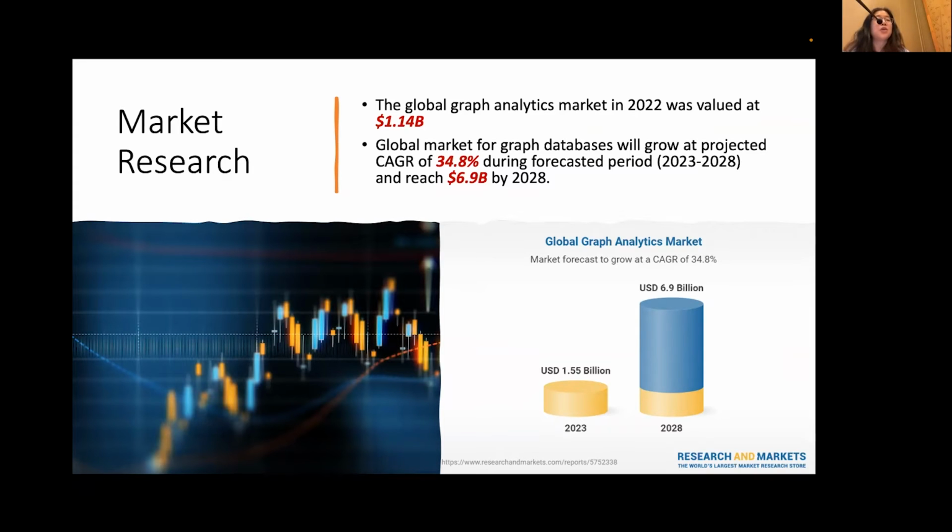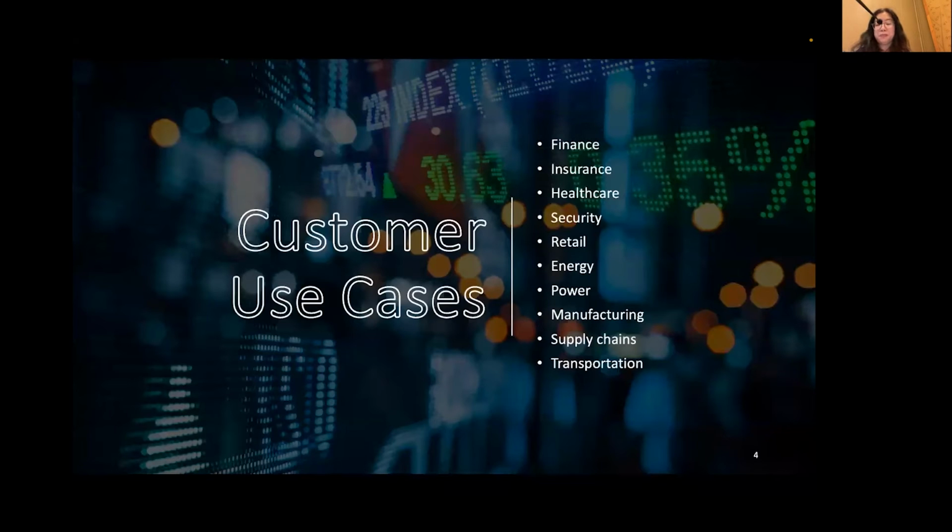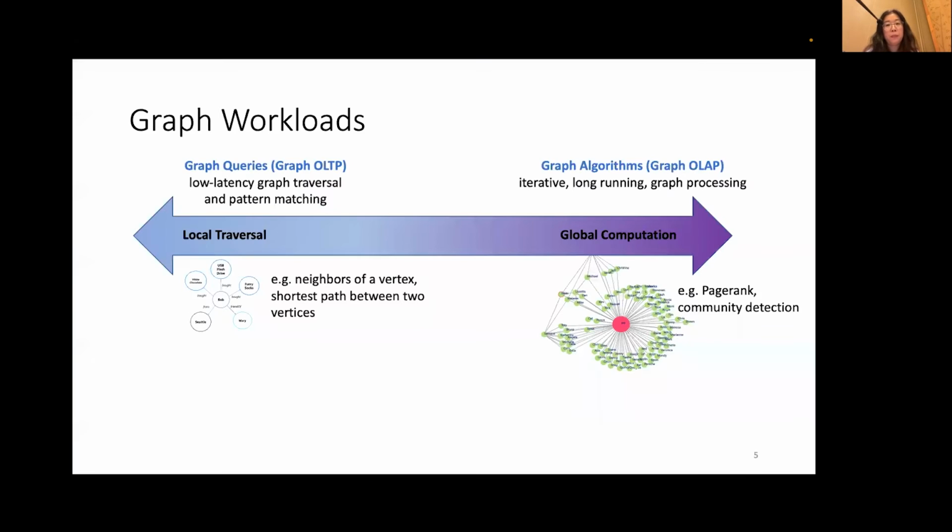So clearly, graph is a very interesting and promising area for people to work on. And in terms of customer use cases, graph has been used in many vertical industries, including finance, insurance, healthcare, security, retail, energy, power, manufacturing, supply chain, and transportation.